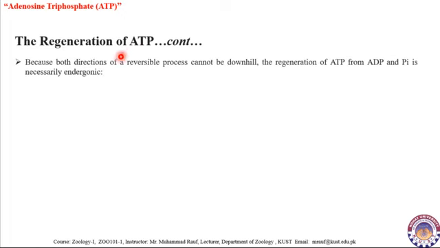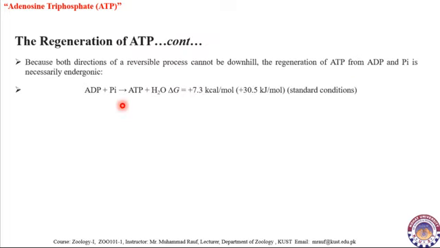Because both directions of a reversible process cannot be downhill, the regeneration of ATP from ADP and inorganic phosphate is necessarily endergonic, because ATP holds energy, so this energy is provided when ADP combines with inorganic phosphate. So this formation of ATP is endergonic and hydrolysis of ATP is exergonic.